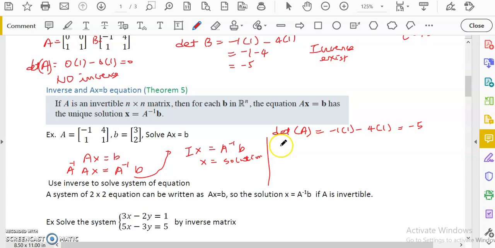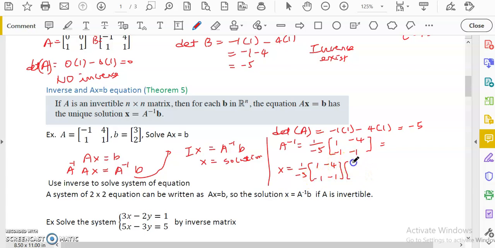And so A inverse would become 1 over -5, and then switch 1 and -1, switch A and D, and then switch sign for those. So this is the inverse. And my answer X would be A inverse B. -1/5 times 1, -4, -1, -1 times B.